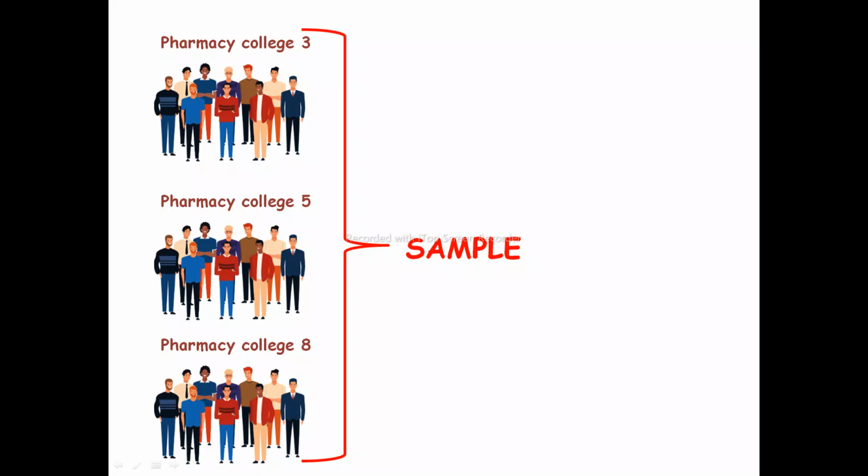But in cluster sampling, no doubt we are dividing them into clusters, but we are not selecting all the clusters. Two or three or four clusters we are selecting, and we are using all the members of the cluster as our sample, unlike stratified sampling, where we selected a few members from each group. So this is all about cluster sampling.